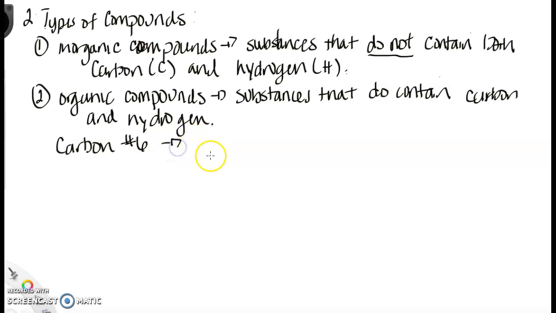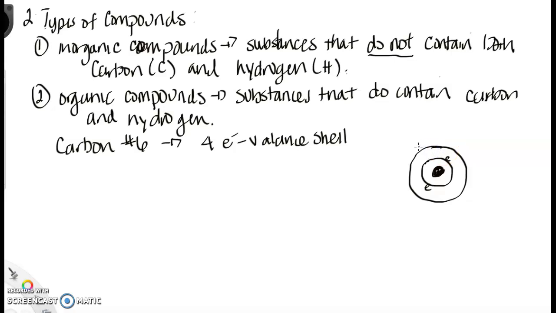From that, you should know by looking at that it has 4 electrons in its valence shell. So remember, here's our little nucleus. The first shell is going to have 2 electrons, and this next shell is going to have 4 electrons, and that is 6.